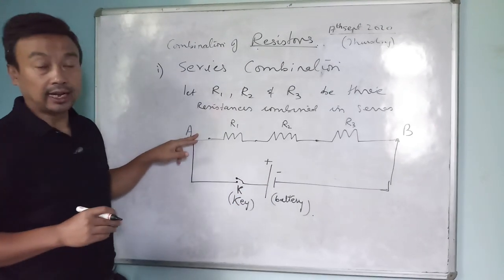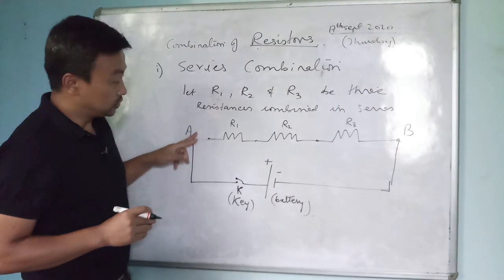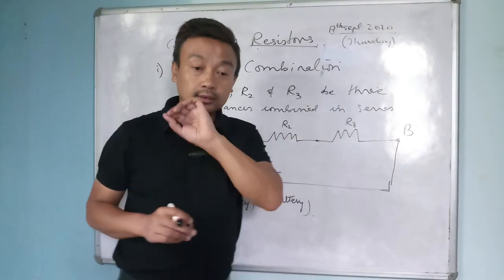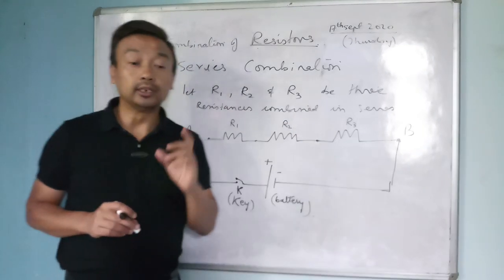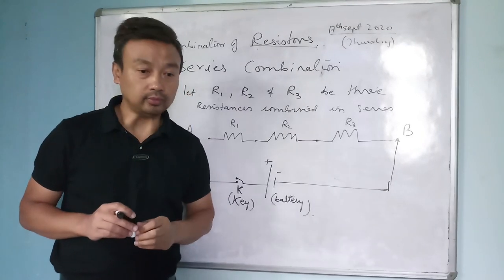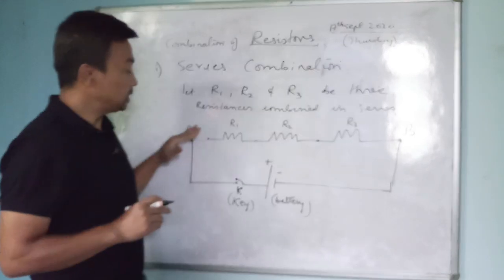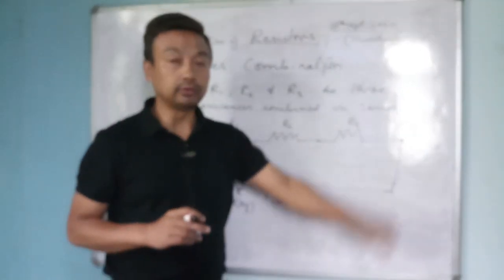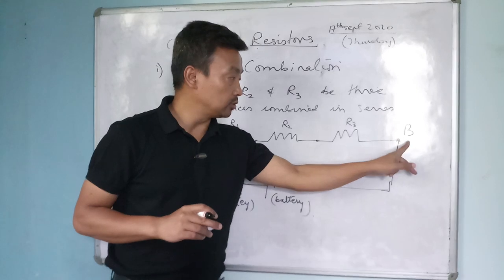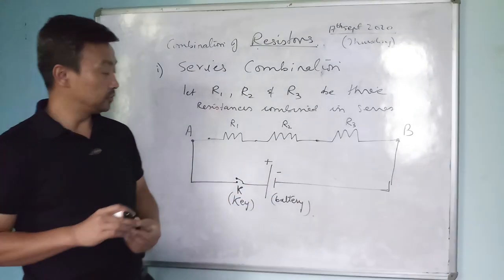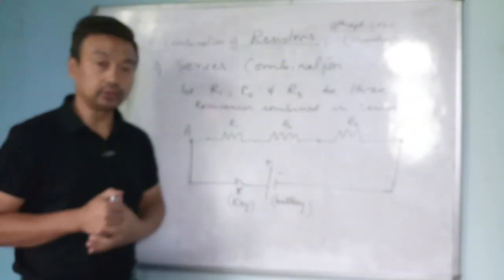It will come to the higher potential A because it is connected to the positive terminal, and we see that there is a single path for the current to flow. So the same current will flow through all the resistors, and it will come out at the negative terminal B and again come to the negative terminal of the battery. So this is how we can combine the resistances.